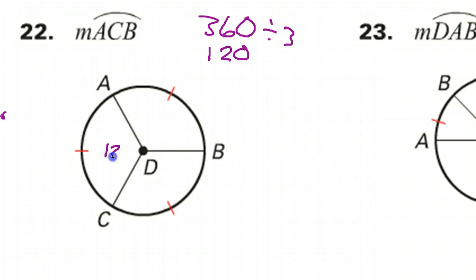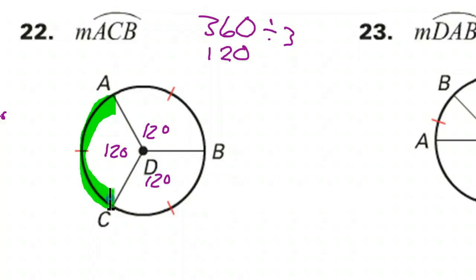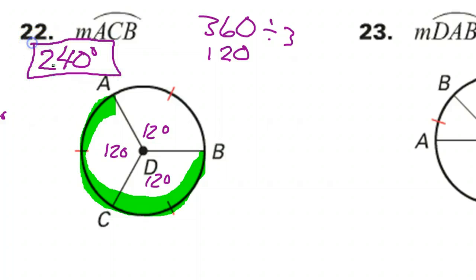So that means each of these is 120 degrees. Alright, so if you ask me about arc ACB, alright, that's from A through C and around to B, well, that's two of them. Alright, so two of these together, 120 plus 120 is 240. So that's going to be the measure of arc ACB, 240 degrees.